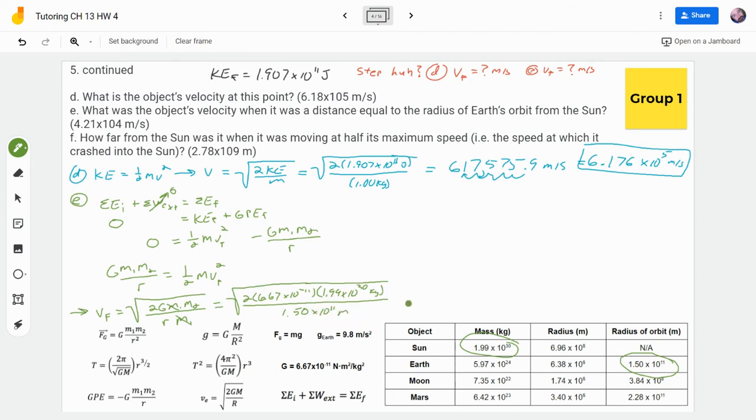All right, so if I can get this in the calculator, that'll give me my number for V final. So 2 times 6.67 EE minus 11 times 1.99 EE 30 divided by 1.50 EE 11. Now I hit enter. And this gives me the thing under the square root.